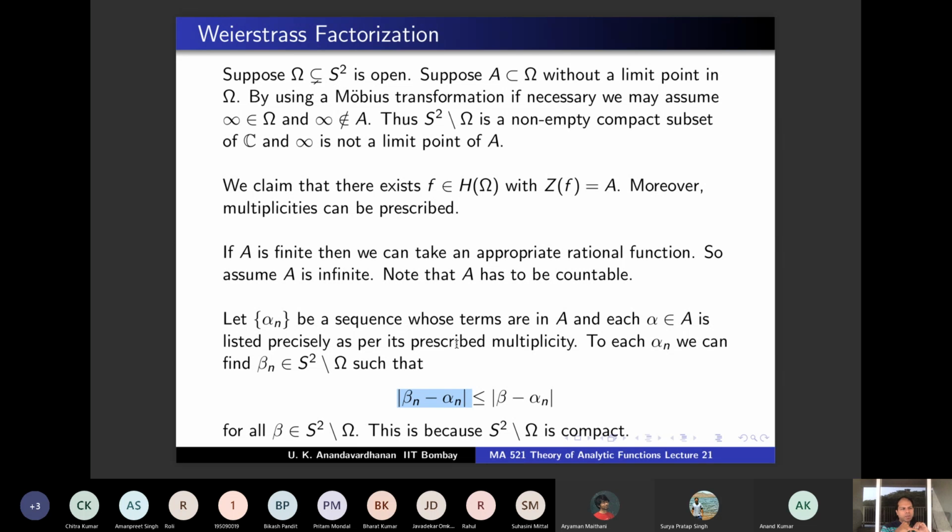Yes, it will have a limit point, because this sequence alpha n is not really hitting the boundary of S2 minus omega. It will stop somewhere else, which means you could have considered a compact set in which all these infinitely many alpha n's will belong. You can go a little bit above the boundary of S2 minus omega, and you will get a compact set where all alpha n's belong, and then it will have a limit point.